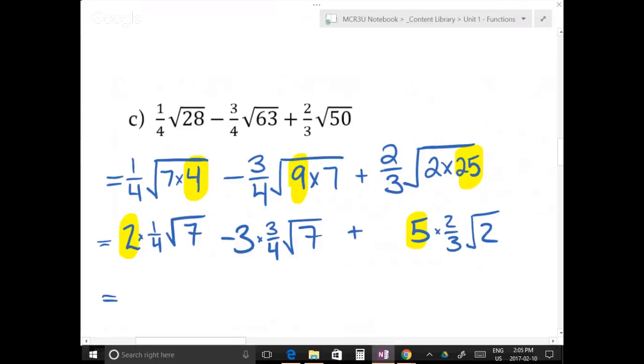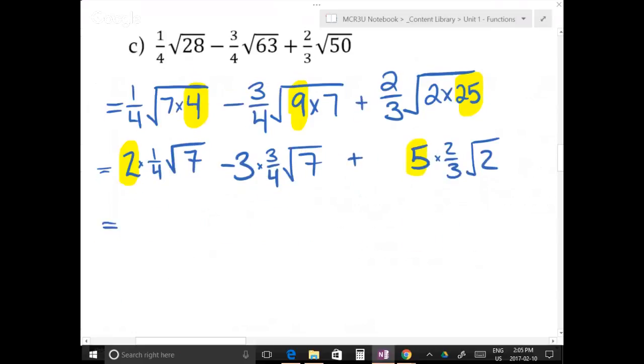So now, what's 2 times 1/4? Yeah, both correct. Because of what the denominator is here, I'm going to stick with the quarters, but 1/2 is totally correct. You're totally right. So we're going to do 2/4 of root 7. And then what's 3 times 3/4?